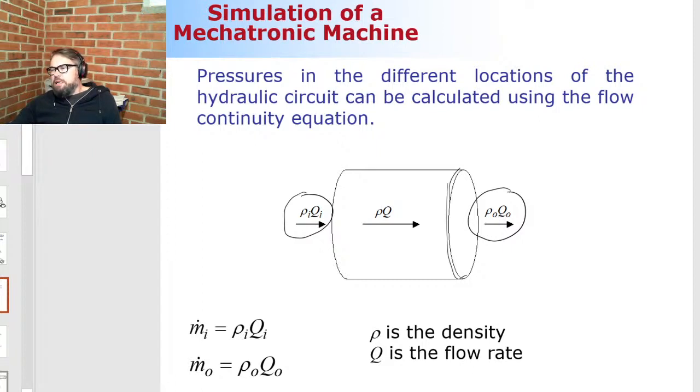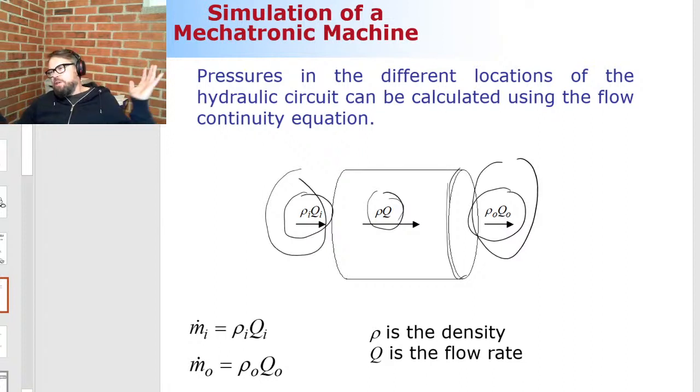Within this control volume, there is a mass flow that can be expressed as density multiplied by flow rate. Again, mass flow in, mass flow out. Those are the pieces of information that I need to know. Next, we look at how the mass within this control volume can change.